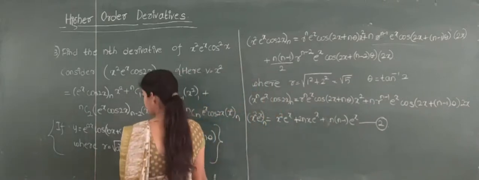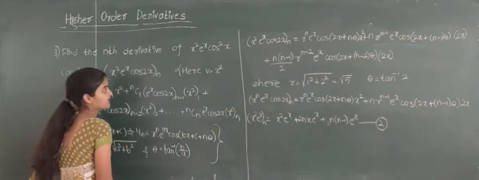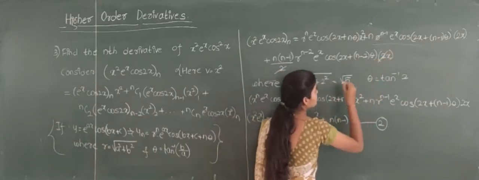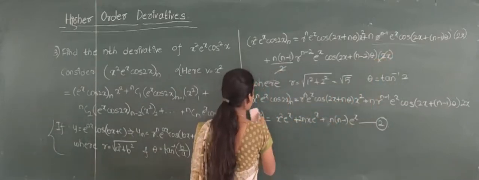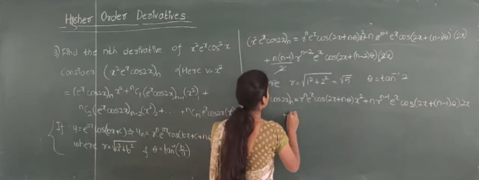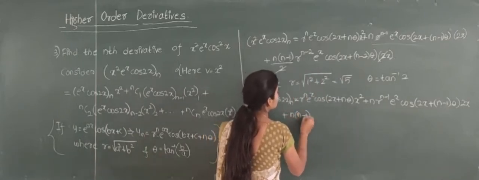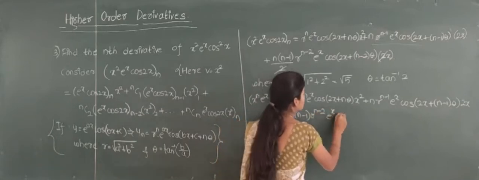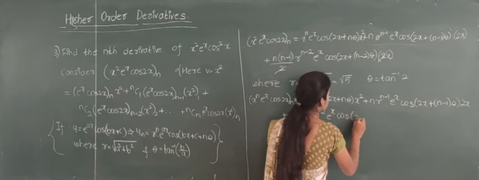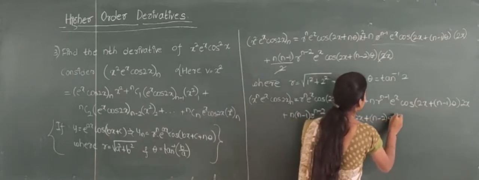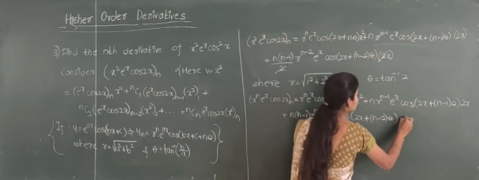Yes, then in the next term this 2 and this 2 get cancelled. What will we get? Plus n into n minus 1 r raised to n minus 2 e raised to x cos 2x plus n minus 2 of theta and into x.